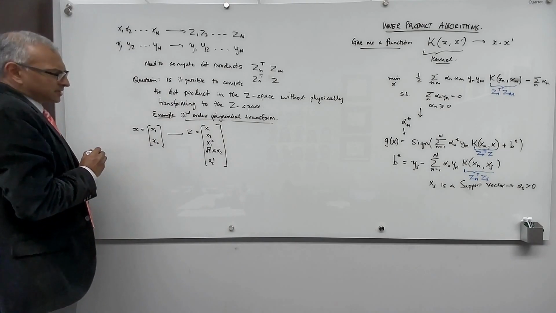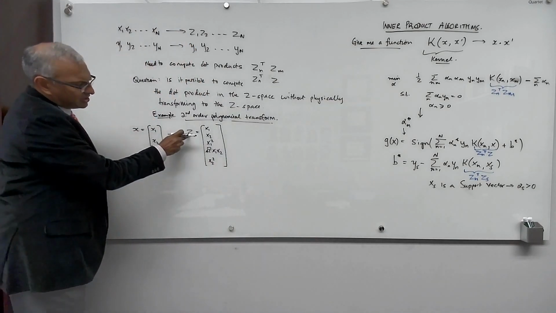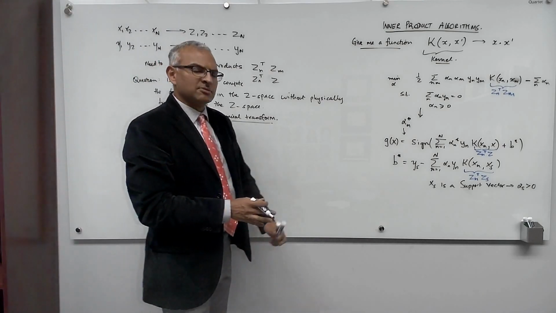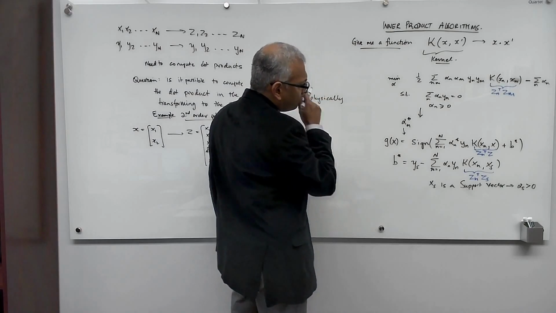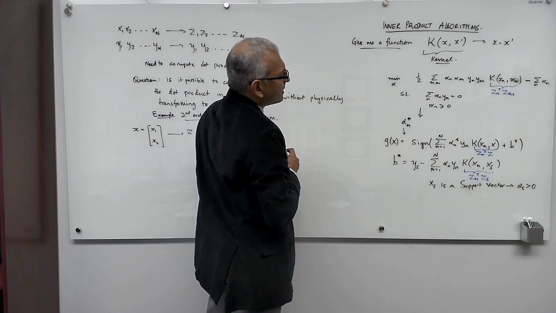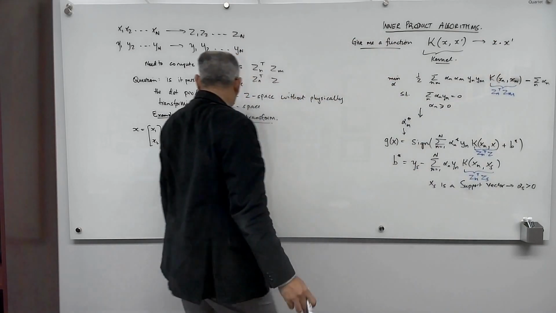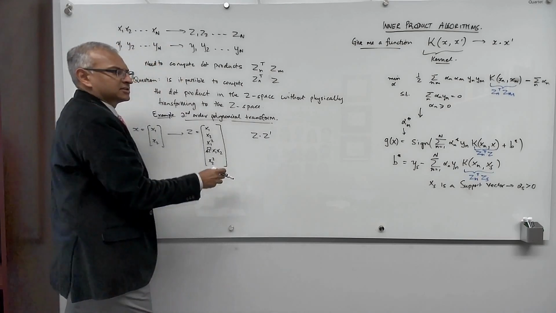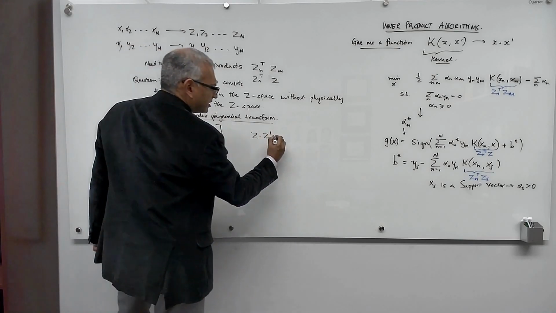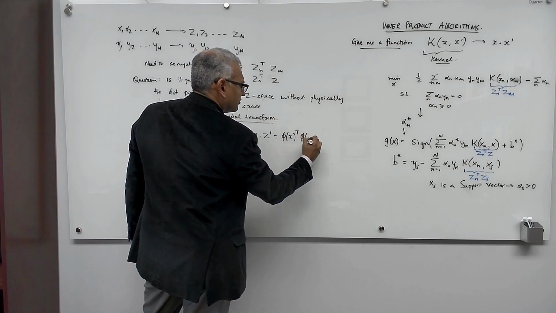Okay. Now, if I'm going to run my optimal hyperplane algorithm in my z-space to do the maximum margin linear separator, then I need to be able to compute the dot products in my z-space. So I need to be able to compute z dot z prime for any two vectors in my z-space, z and z prime. Well, what are these? This is just phi of x transpose phi of x prime.